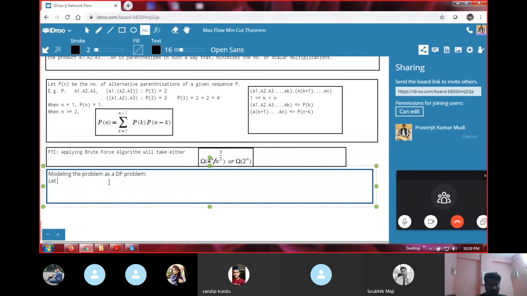Let A i to j denote the matrix product Ai dot A i plus 1 dot dot dot Aj.